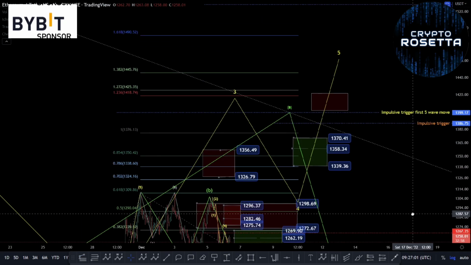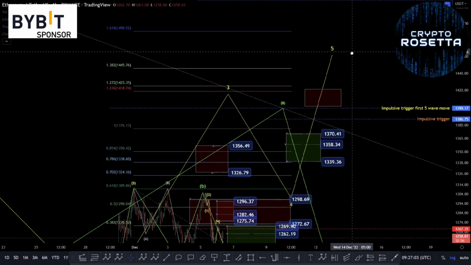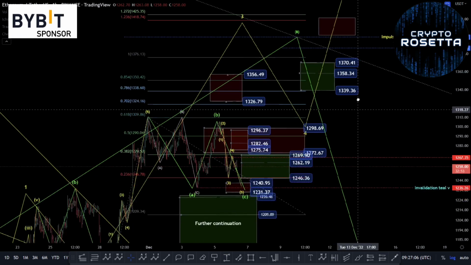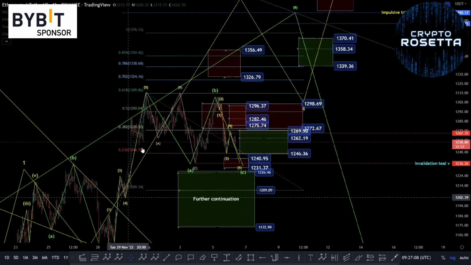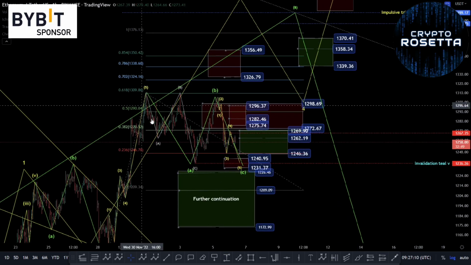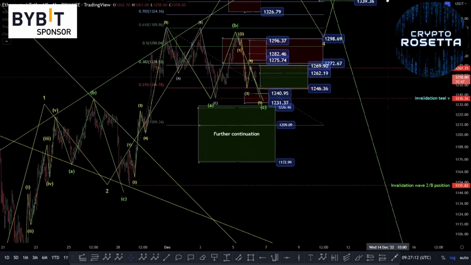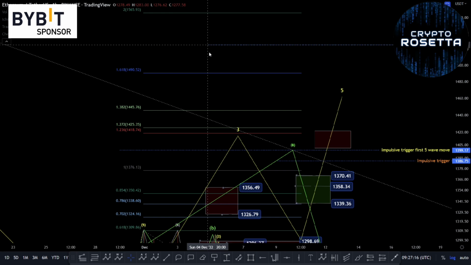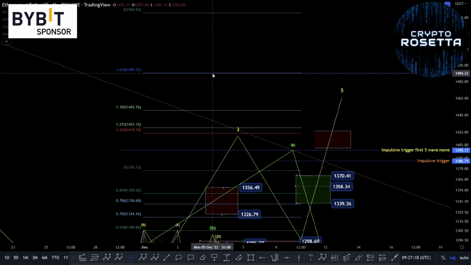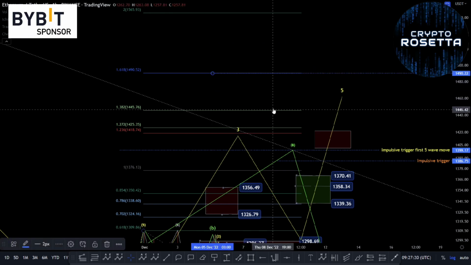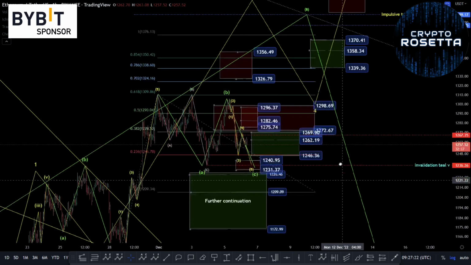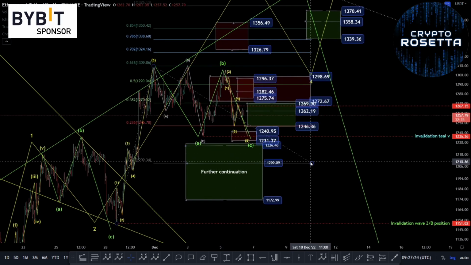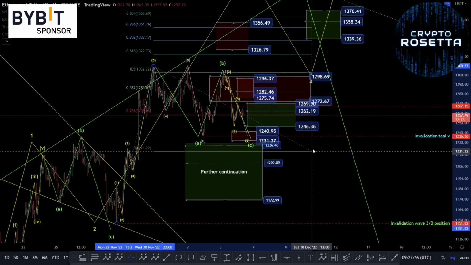If we look to target out that 618 area, that would make this impulsive trigger of this move slightly lower, and this move could potentially look to become impulsive by crossing this 1290 area if we move down to that 618. If we move down slightly lower, then it changes it.